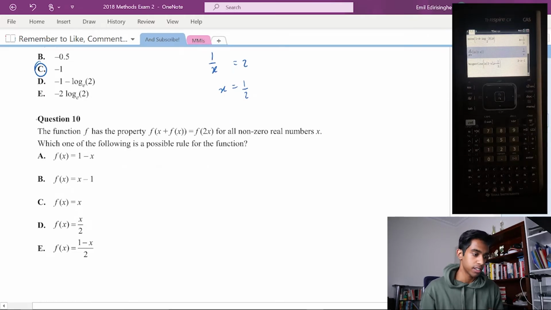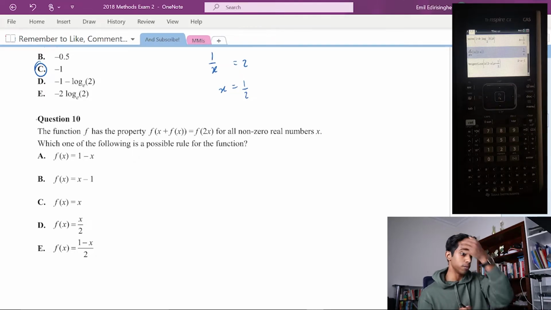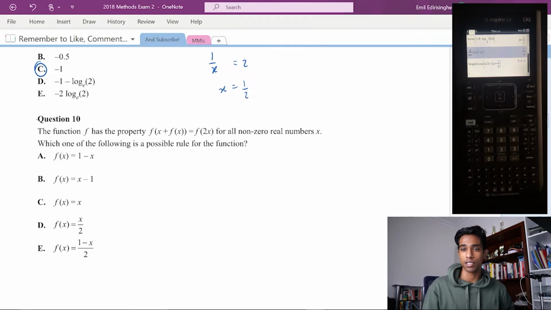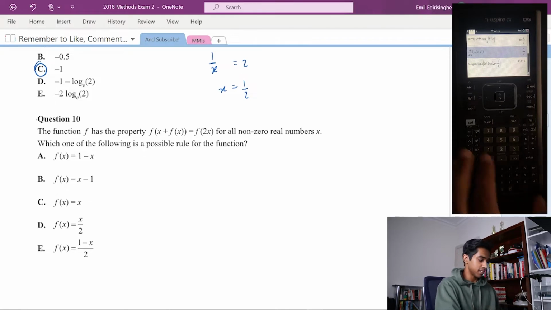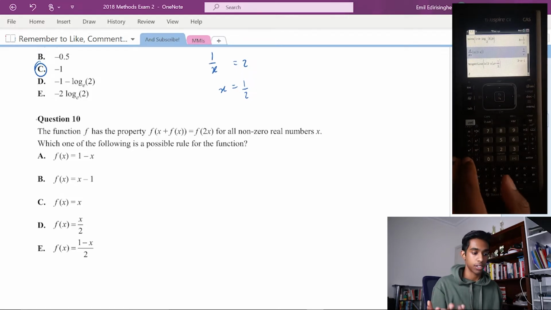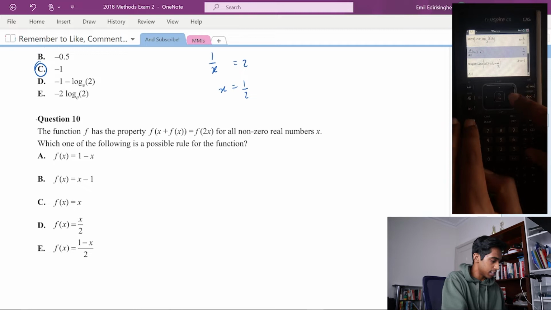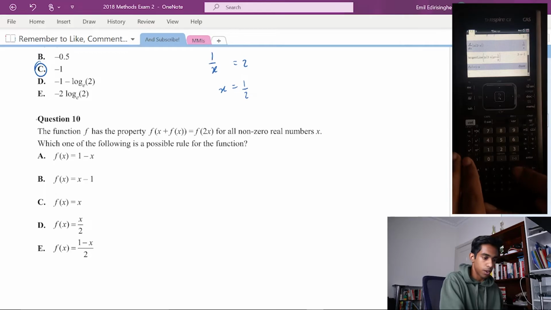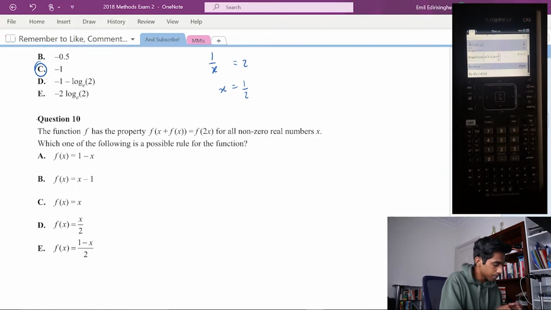So now we've got question 10. This one is, the function f has the property f of x plus f of x equals f of 2x. Which one of the following is a possible rule for the function? You see one of these questions on almost all of the multiple choice sections. The way I usually go about this is I just define each of these functions and then I try to put this in. So I'll go f of x equals 1 minus x, and then I'll type in that whole thing equals f of 2x.